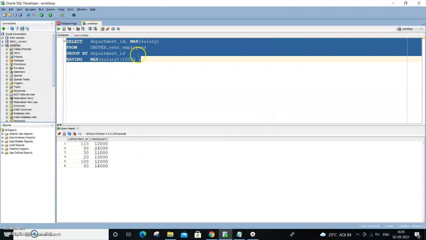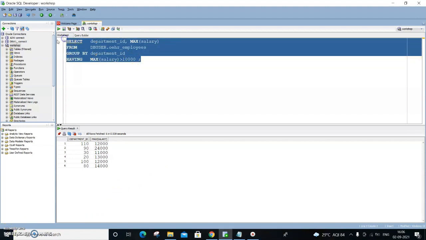Yeah, here it is. So for max salary, it will fetch only those departments whose salaries are greater than 10,000. When it is less than that, it is going to leave out those departments as well.